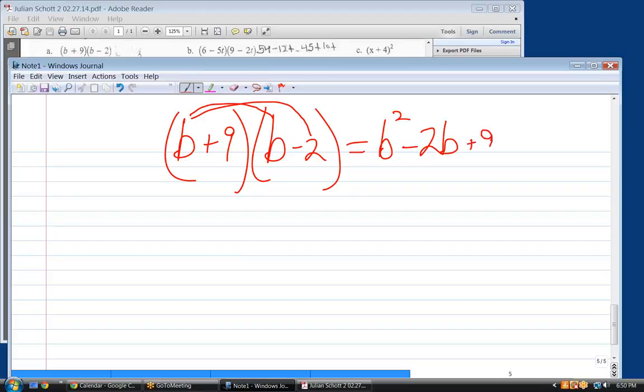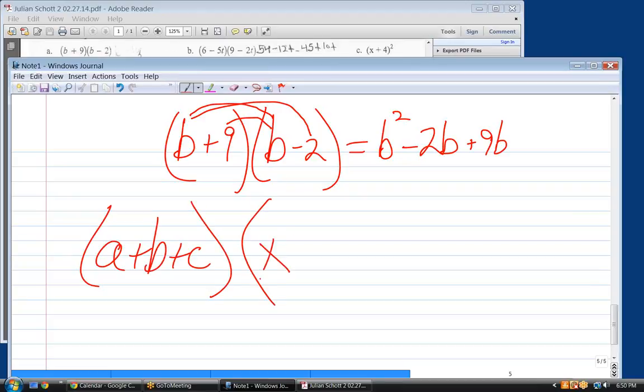In other words, you're taking every term and multiplying it by every term. They call it FOIL, but I really prefer to call it every term by every term. Because if I have an A plus B plus C times an X plus Y, this is every term by every term. FOIL doesn't work for a trinomial times a binomial. Whereas every term works for this and this.